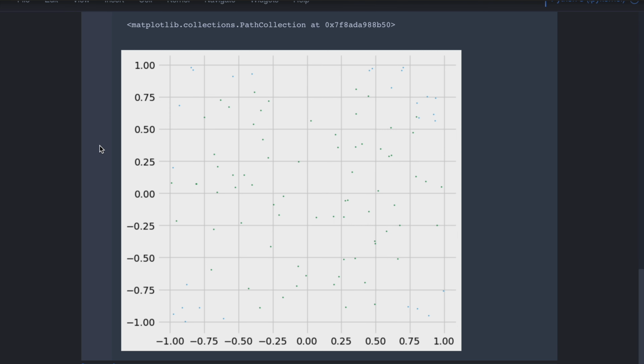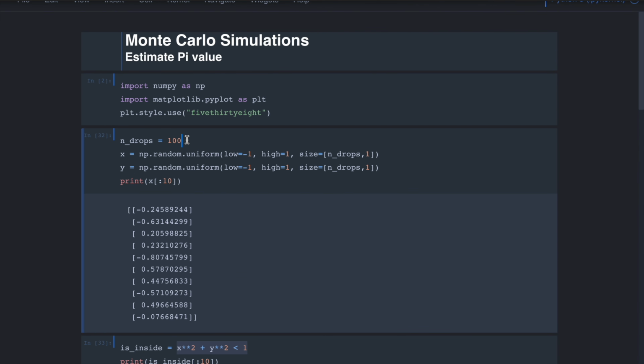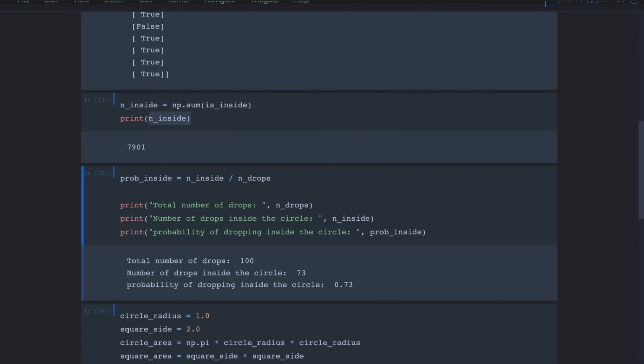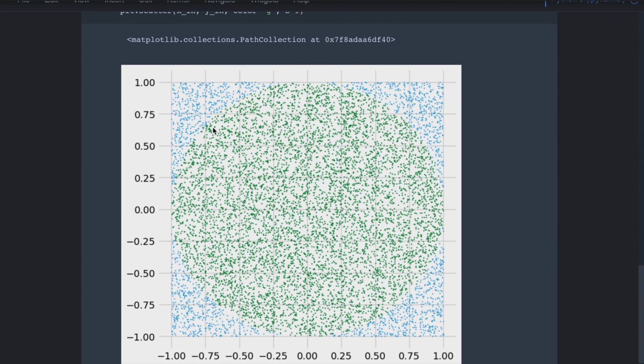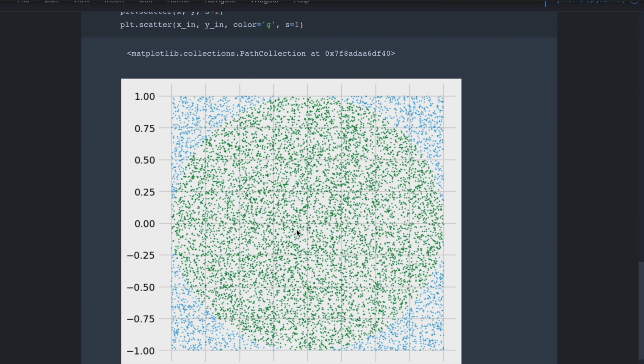As we increase more and more points, we have more points on the edge so that we can see where the circle stops. So let's increase the number of points to maybe 10,000, which is 10 times less than what we saw initially. Here we can see the circle. Out of those 10,000 points, roughly about 7,900 points have fallen inside the circle.